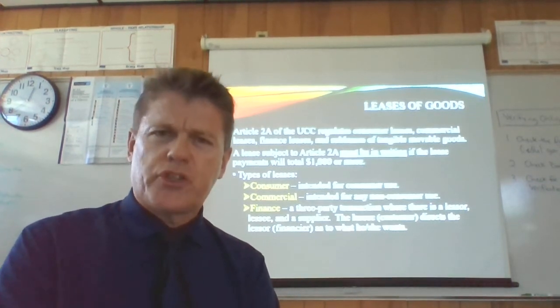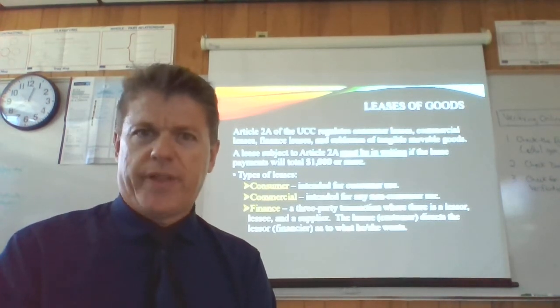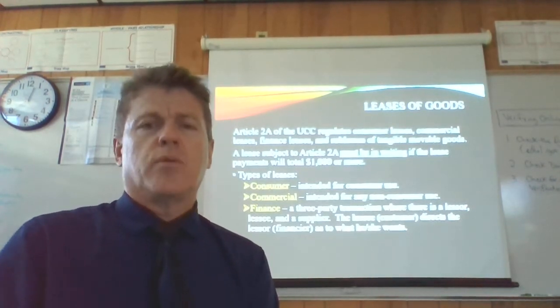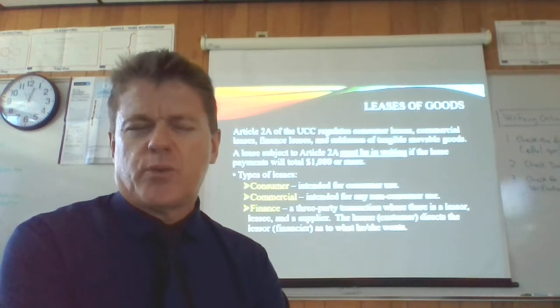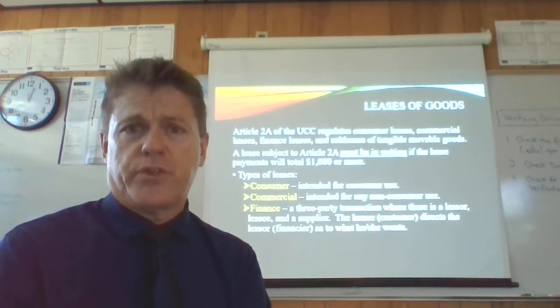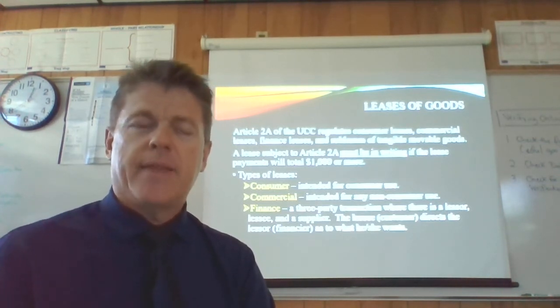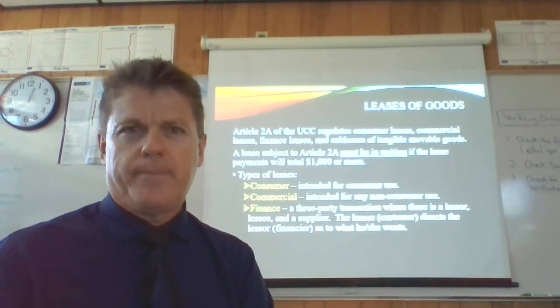Article 2 is anything and everything about the sale of goods, so physical things like inventory. If we're talking about the leasing of goods, this would be Article 2A. So it's a subset of Article 2. And so if you ever see a question or an issue involving goods that are being leased, then it's automatically Article 2A.